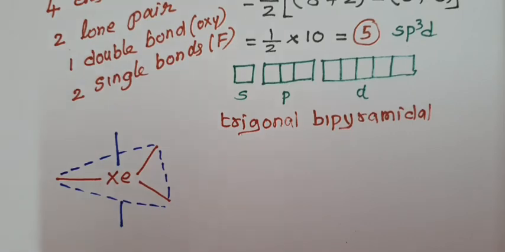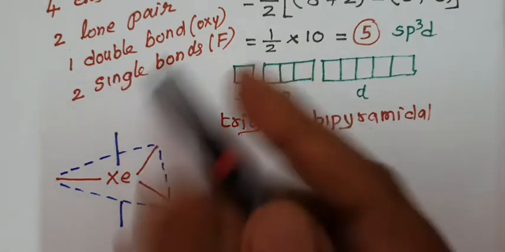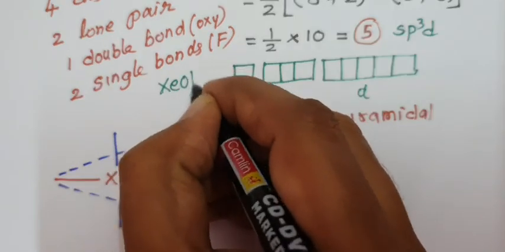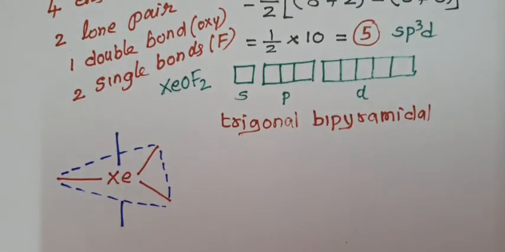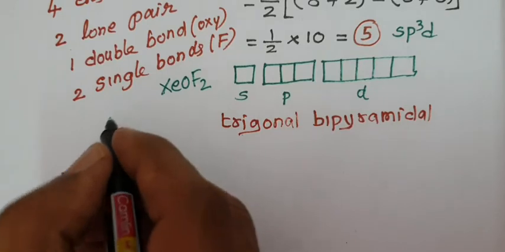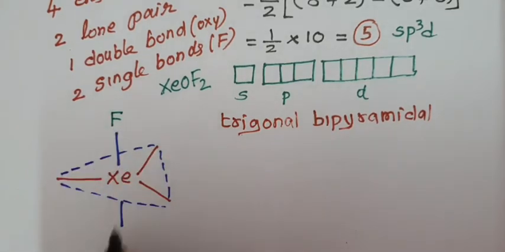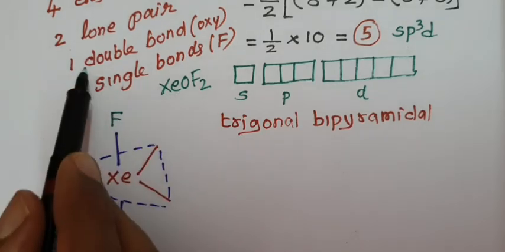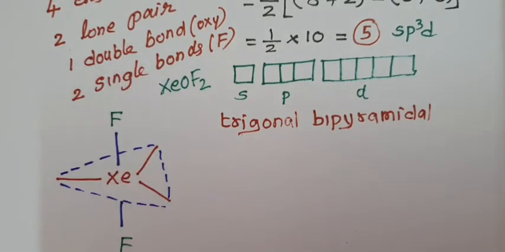How many fluorine atoms do we have in XeOF2? Here one fluorine, here one fluorine. One oxygen forms a double bond.